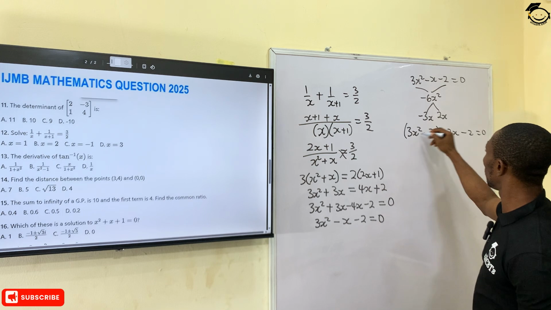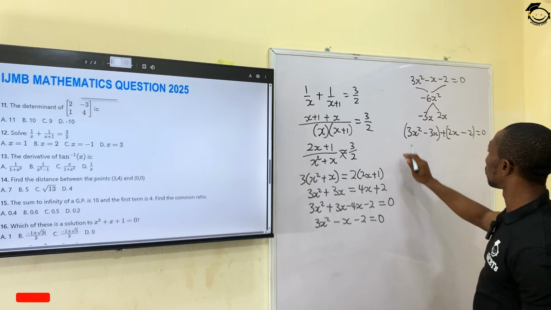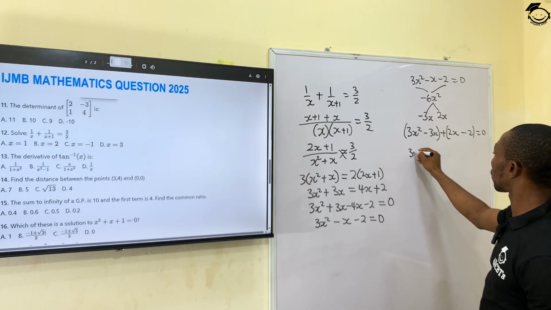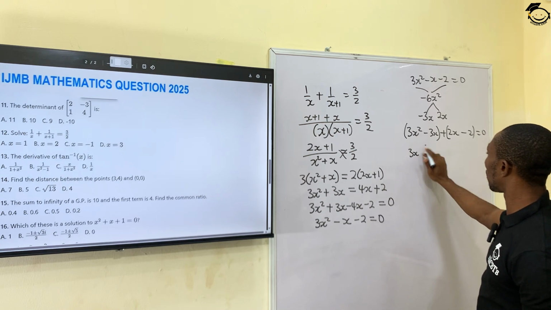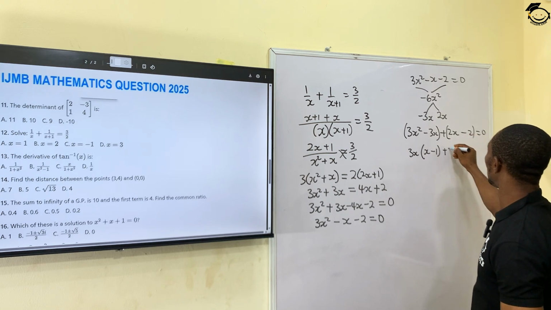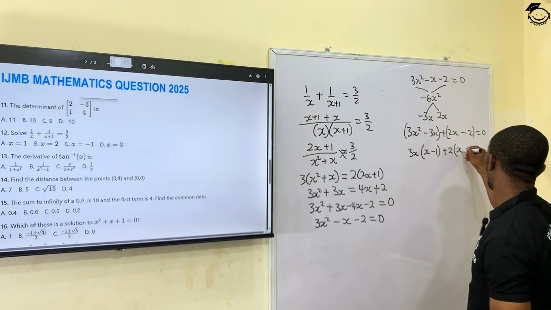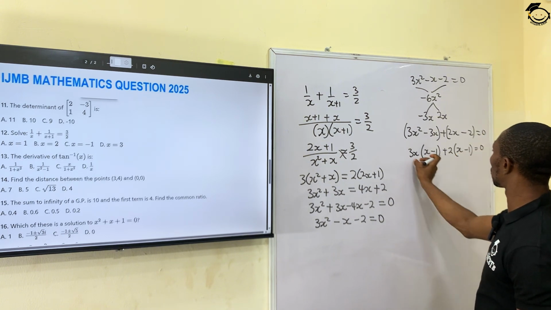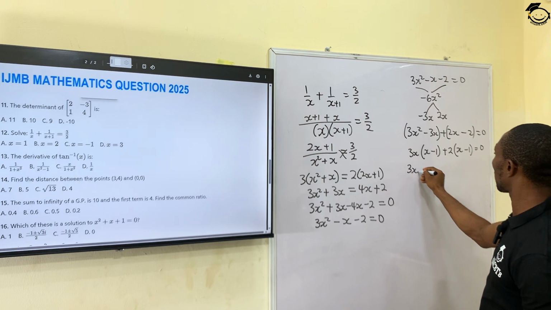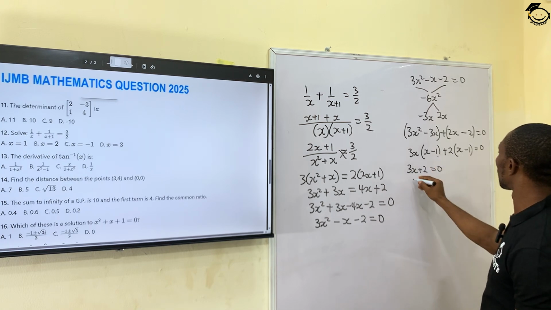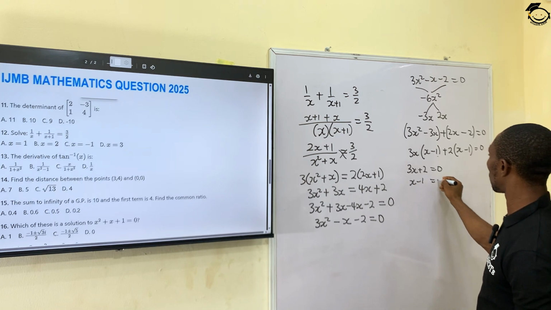So we group these two together. Here, what's common will be 3x. This becomes 3x bracket open x minus 1, plus 2 is common, x minus 1 equals 0. So collecting these two together, we have 3x plus 2 equals 0 and x minus 1 equals 0.